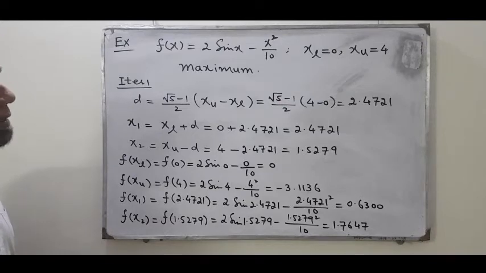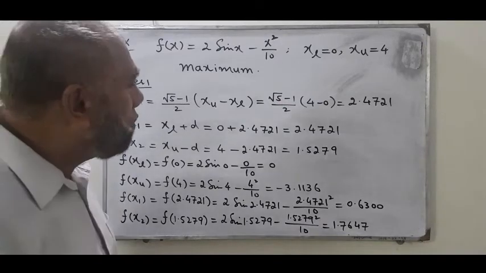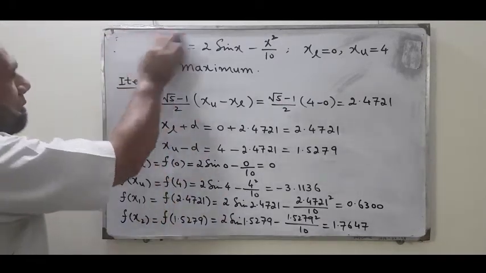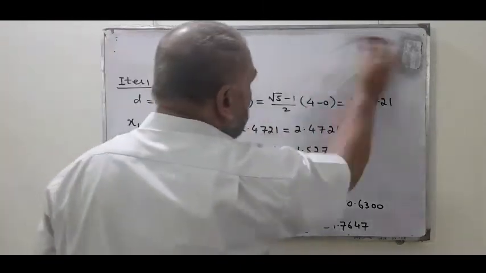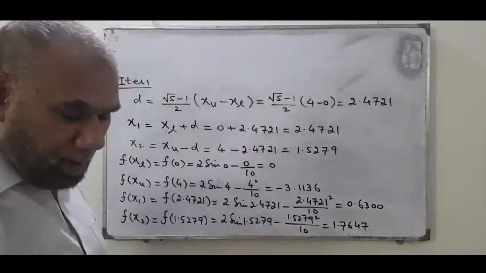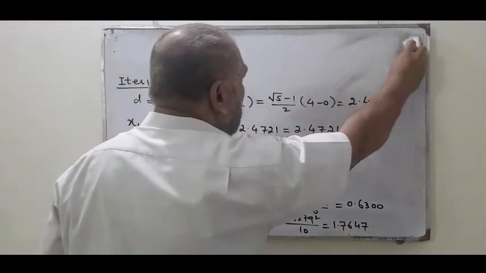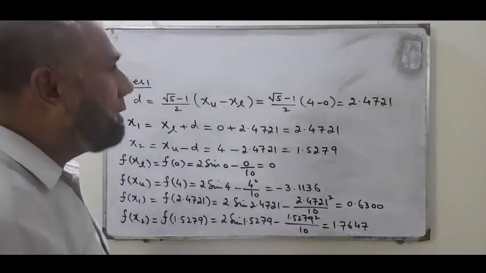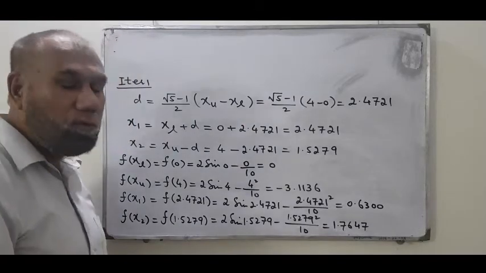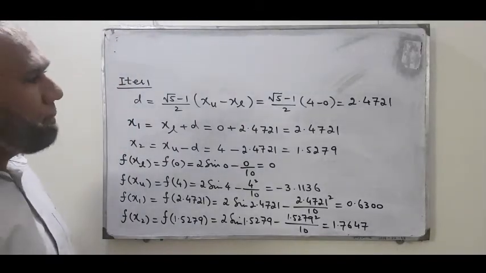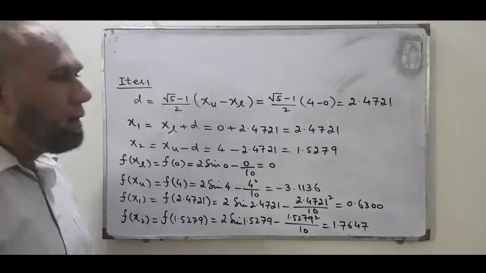Now I show all this information on the interval in the form of a straight line. So whenever we show all this information on a straight line, this will be a bit easier for us to decide which part of the interval we have to discard.